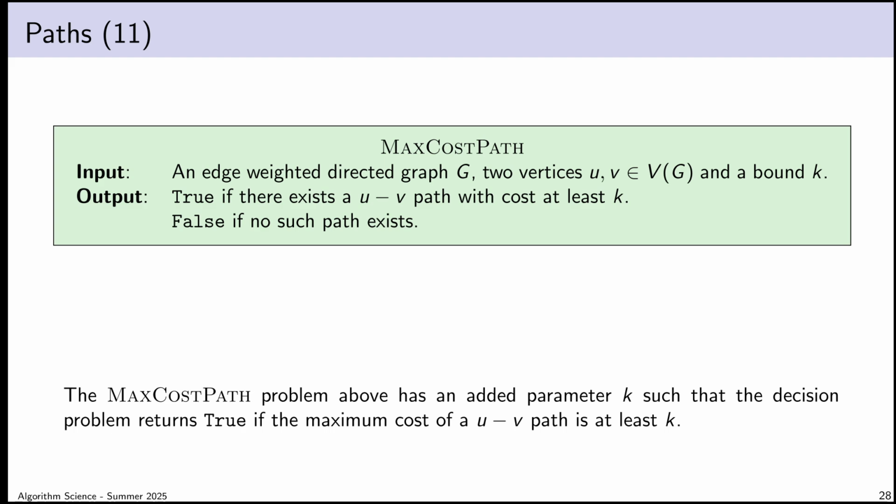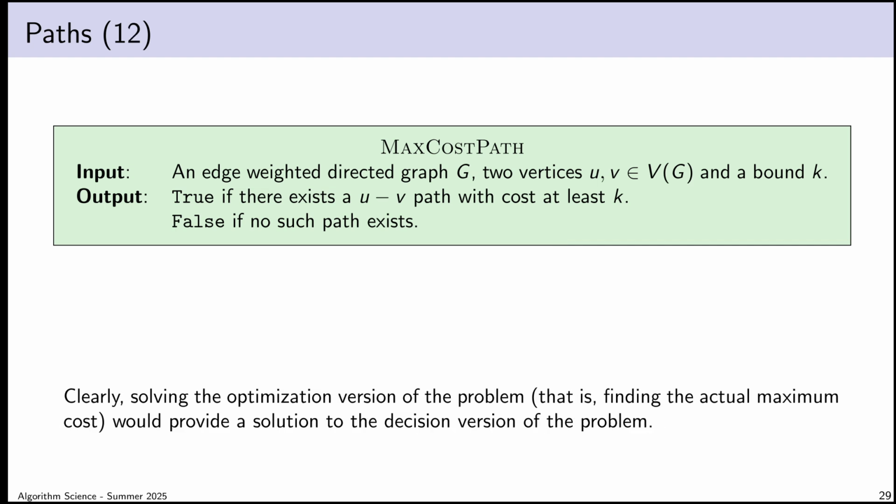So I've added a parameter k that serves as a bound on the optimal solution, and I can just ask: is the optimal solution at least as good as k? It's also worth observing that if I had a fast algorithm to actually find maximum cost paths, then solving the decision problem would be pretty easy. I could just find the maximum cost path and then use the cost of that path to answer this question, very simply.